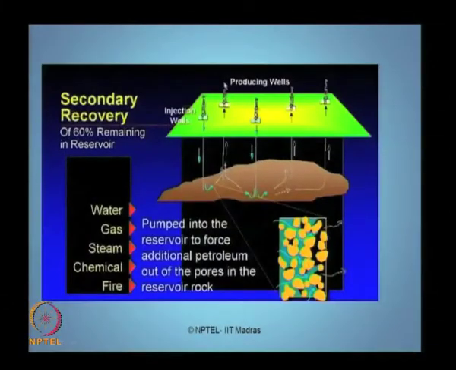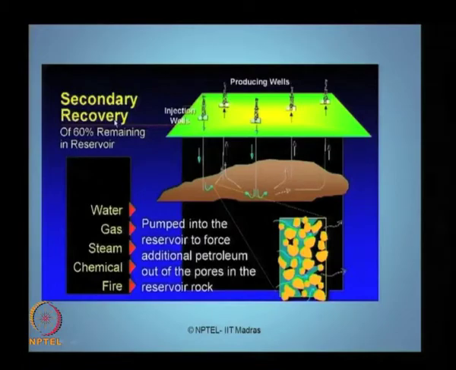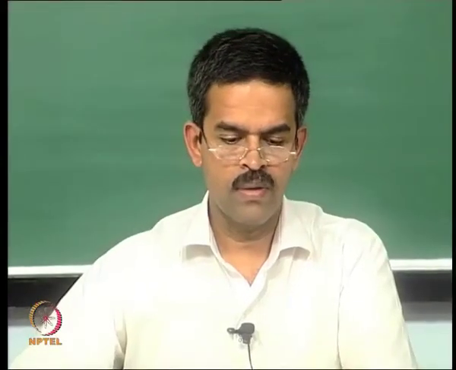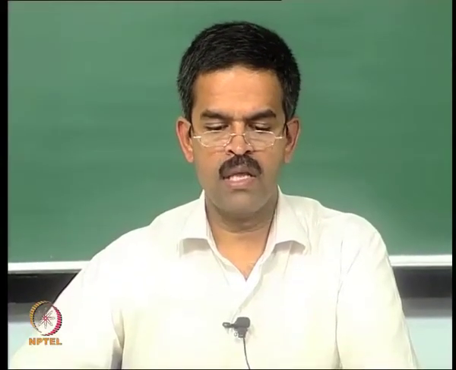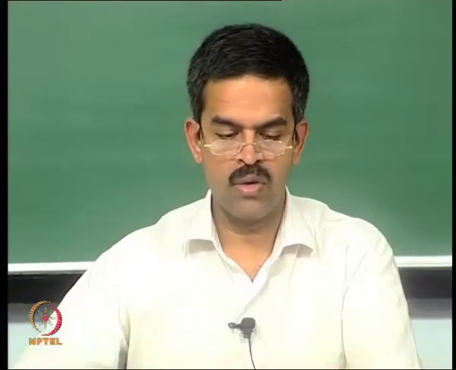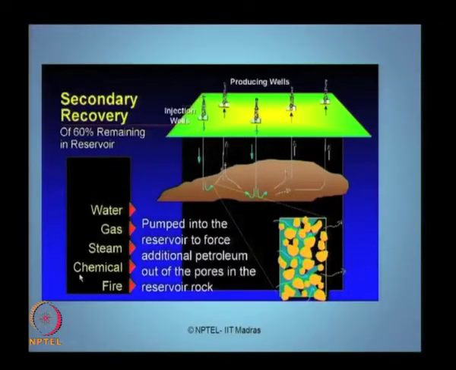This photograph shows you the importance of secondary recovery in terms of the wells. Of the 60% remaining in the reservoir, one can always do the recovery by different methods of enhancing the yield of the well. You can do water injection, gas injection, steam, chemical or even fire injection.